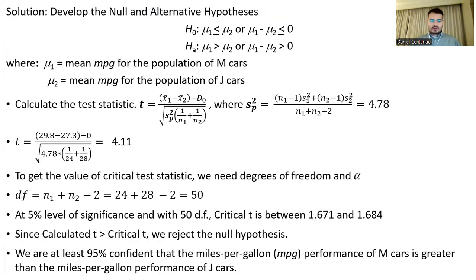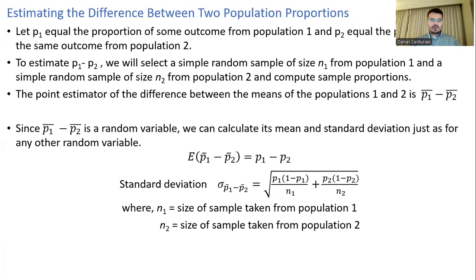I'm going to skip this exercise because we already did it in class, and go right to proportions, which is our third case. This case is exactly the same as the cases we had before. The difference is that we now have proportions from 2 samples instead of 1 sample and 1 population.